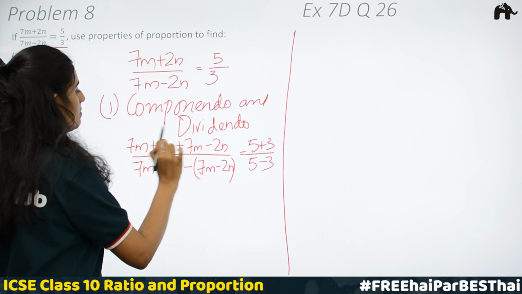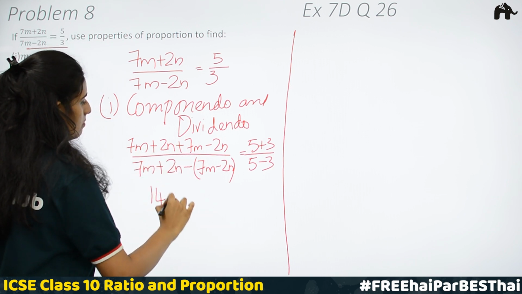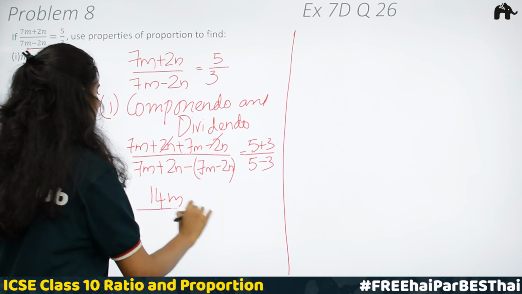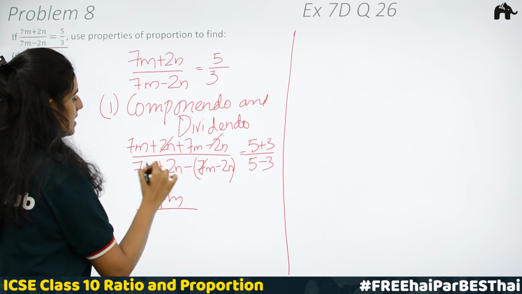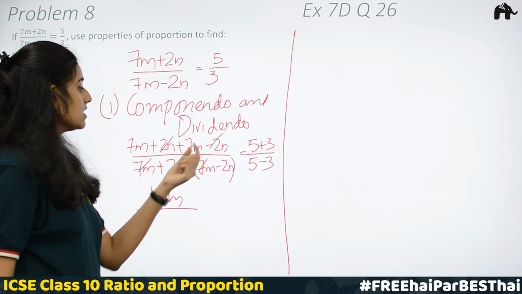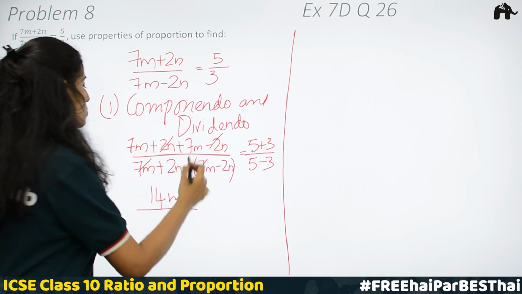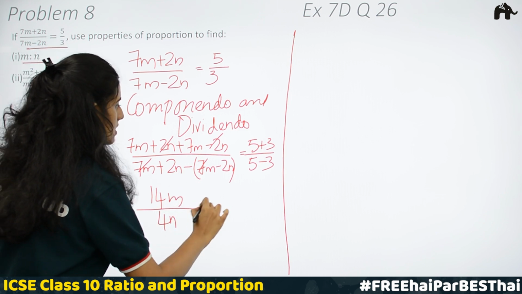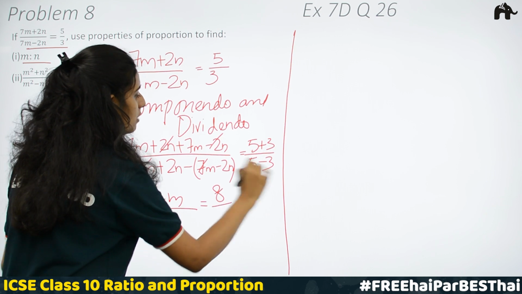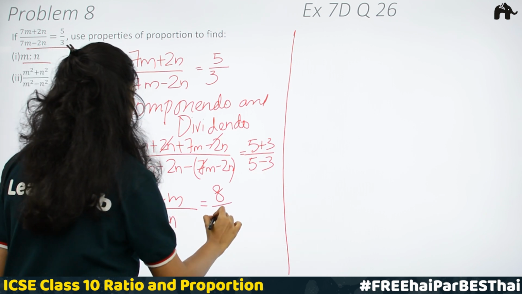Okay, 7m plus 7m is 14m, plus 2n minus 2n can be cancelled, divided by 7m minus 7m can be cancelled, 2n minus of minus is plus 2n, 2n plus 2n is 4n, is equal to 5 plus 3 is 8 divided by 5 minus 3 is 2.